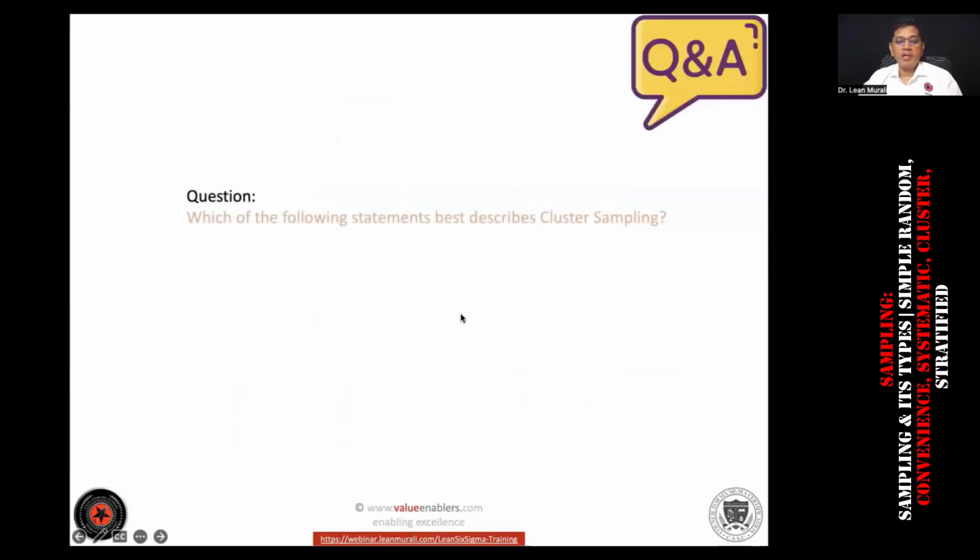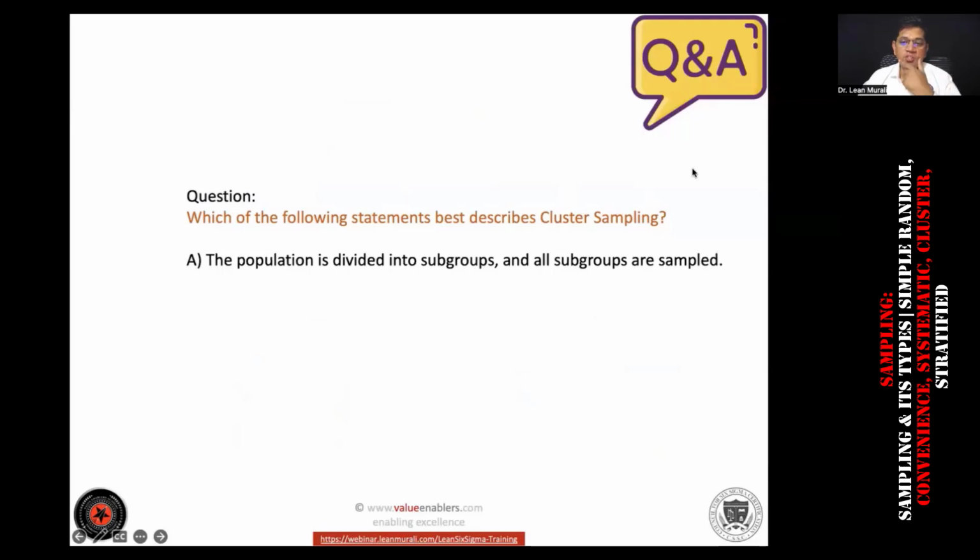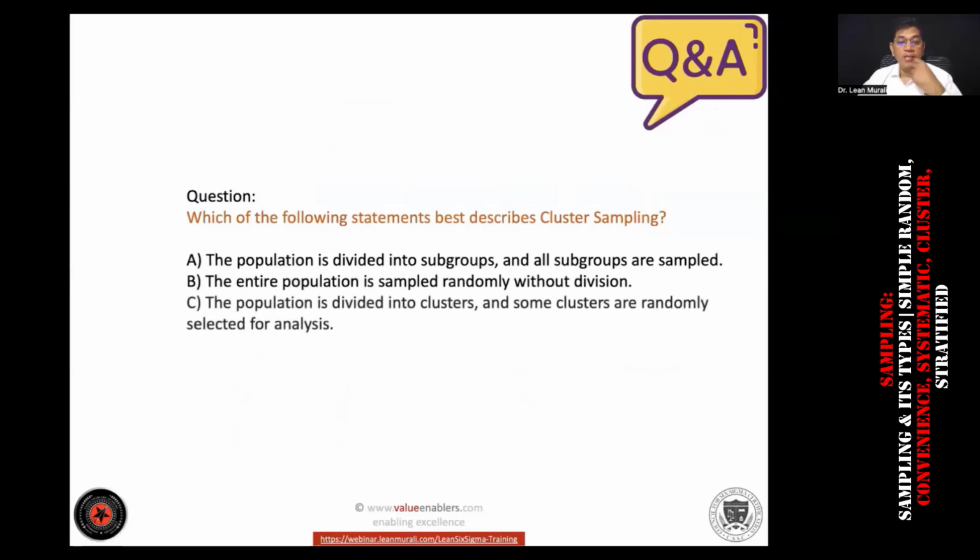There's a question on cluster sampling. Which of the following statements best describes cluster sampling? The population is divided into subgroups and all the subgroups are sampled. The entire population is sampled randomly without division. The population is divided into clusters and some clusters are randomly selected for analysis.